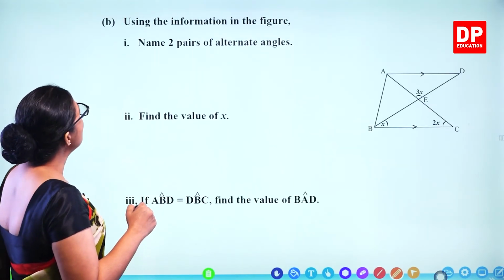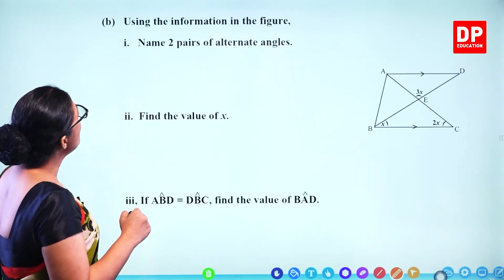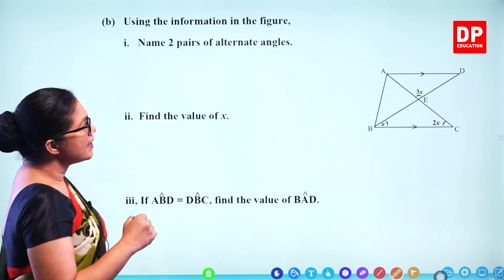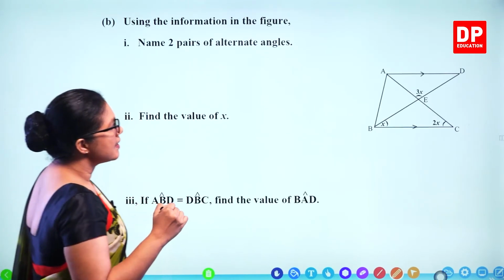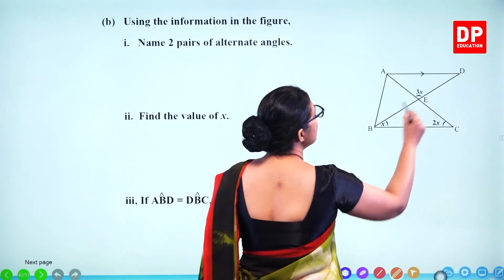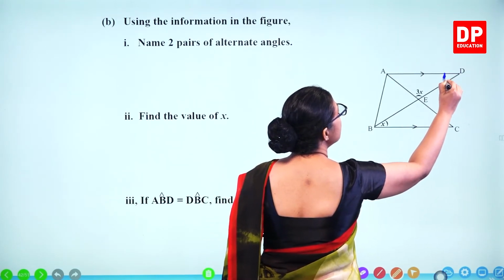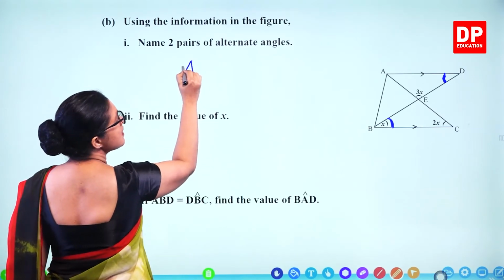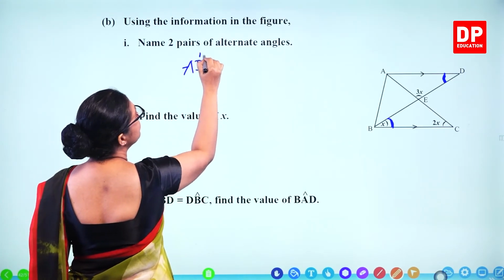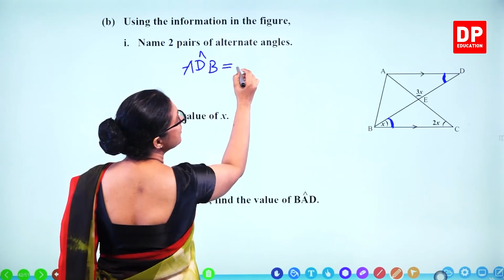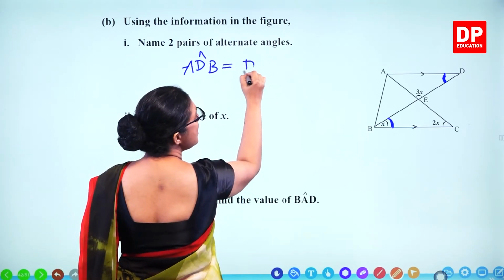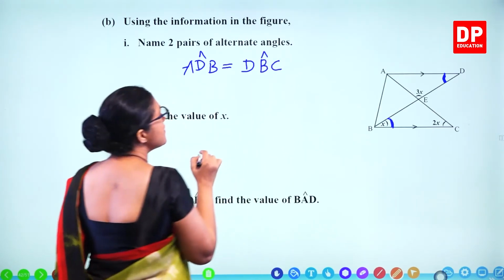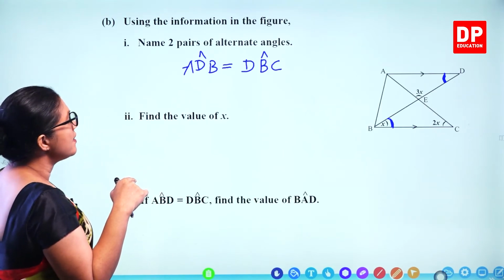Using the information in the figure, name two pairs of alternate angles. Alternate angles means Z letter, parallel lines. So can you see this angle and this angle are alternate angles. Z letter, ADB and DBC. We know that these are equal because of parallel lines.